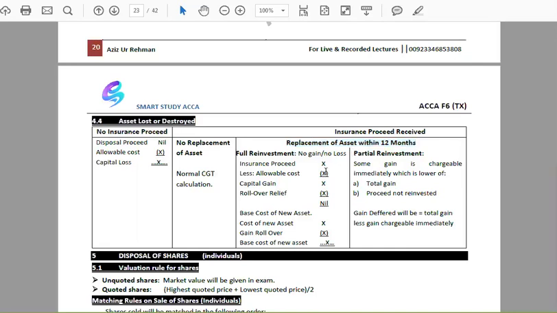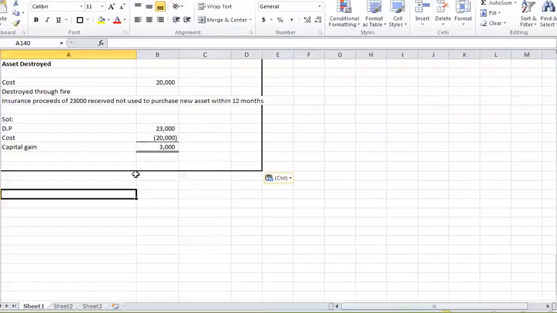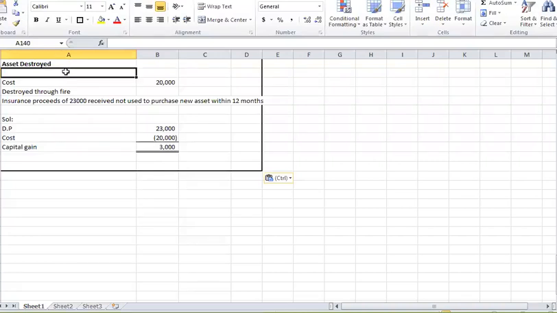Once again, there are two scenarios: either you have fully reinvested or partially reinvested. First of all, we are going to discuss the case of full reinvestment. So the asset has been destroyed, money has been received from the insurance company, and there is full reinvestment of insurance proceeds.